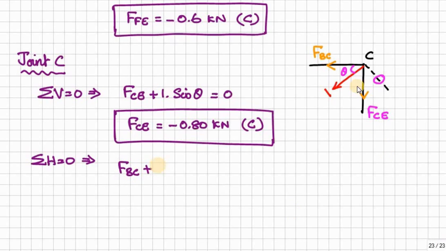Sorry, actually both are unknown. Again, from sigma F is equal to 0, FBC is equal to 0.6 minus 0.6 kilonewton.